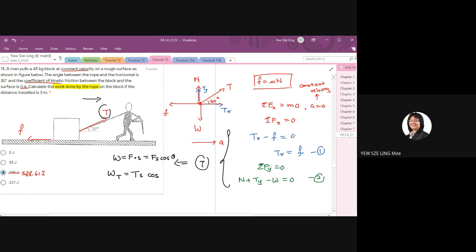You're moving to the right, therefore the angle between them is 30 degrees. From here, you can obtain the answer, which is 588.61 joule. This is the answer for question number 13. Again, I give you 2 minutes to write down the steps and solutions. Complete it yourself with all of the values from the question.